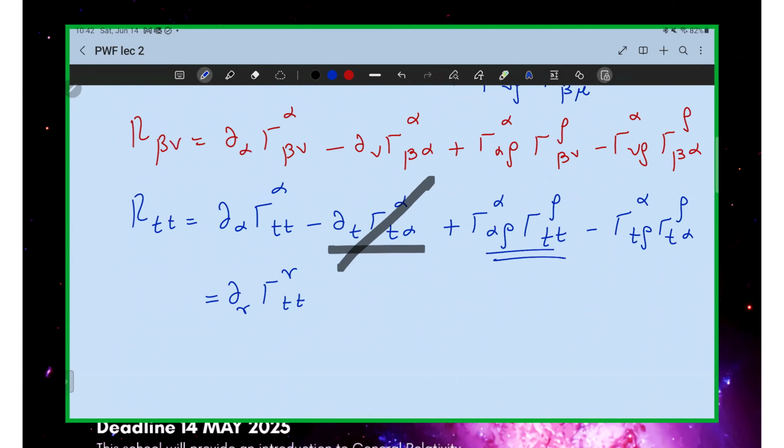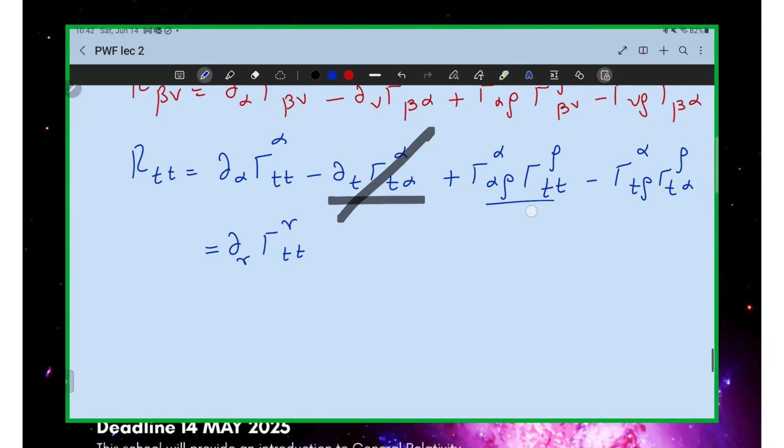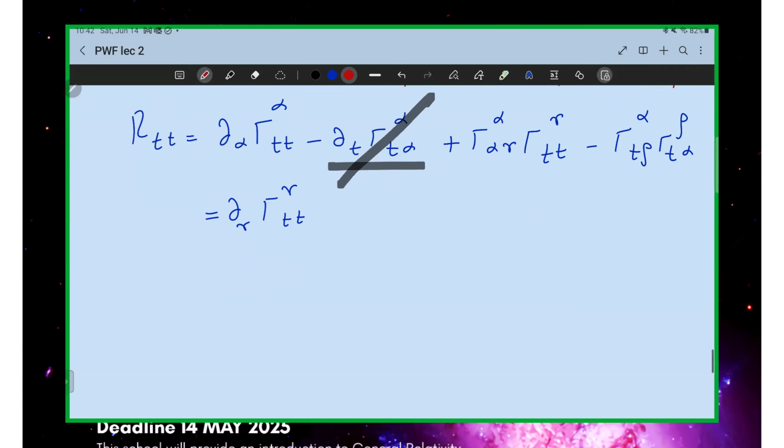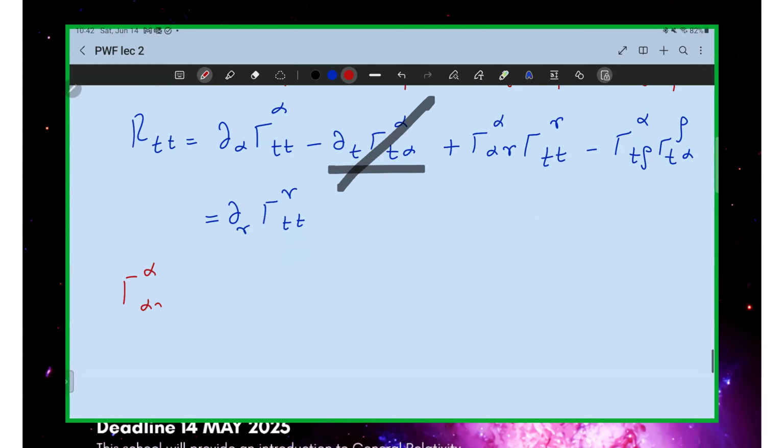What about this term? Well, this term is again a similar thing. It means that rho can only be R, right? Now you need to calculate this thing. Now let me do a side calculation. This tells you that alpha has to be summed over. So let me sum over it.